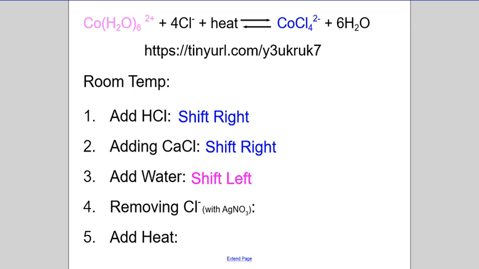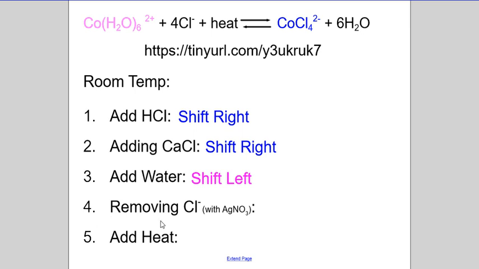And then the next thing he does is he adds this right here. He adds silver nitrate. Silver nitrate reacts with chloride and it removes the chloride from the solution.